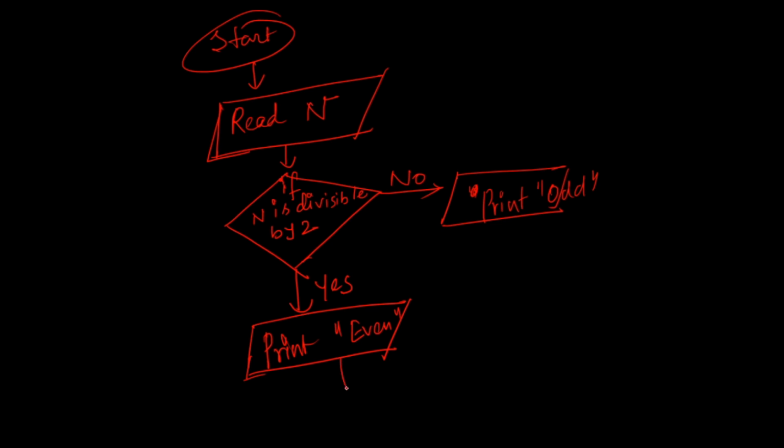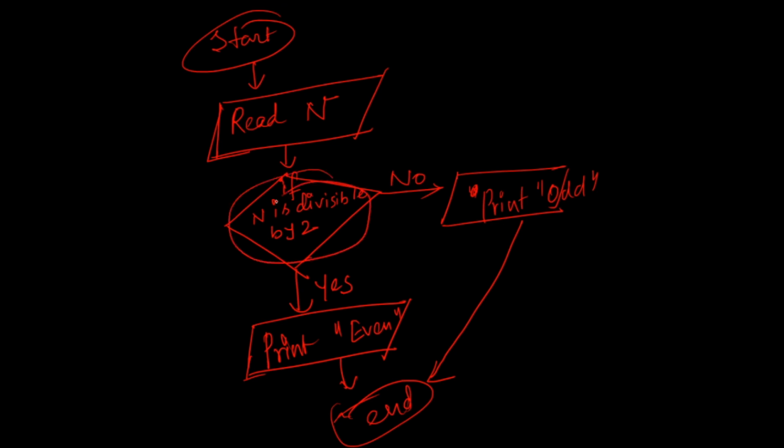After printing, we will come out of this program. In this case we can also use the modulo operator: instead of writing this, we can write, if n modulo 2 equals 0, meaning n is divisible by 2, then it is even. If no, then it is odd.